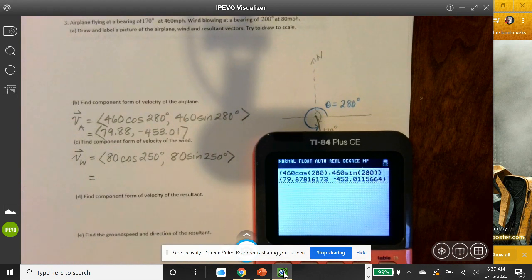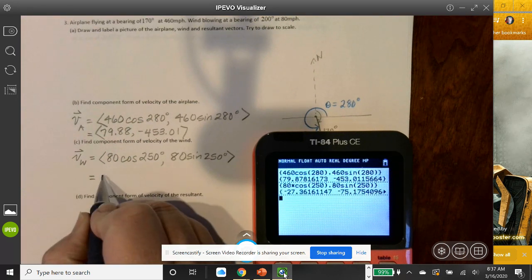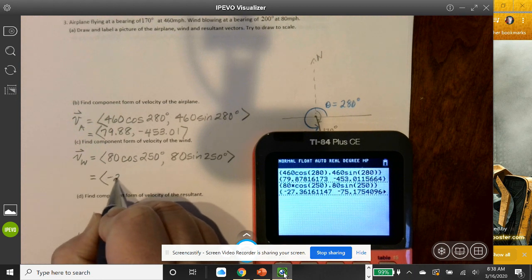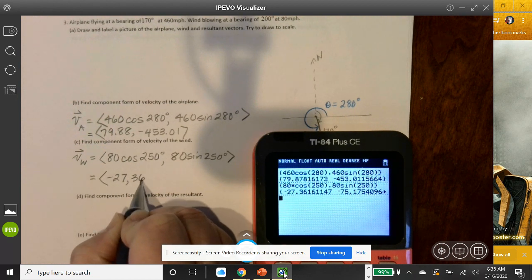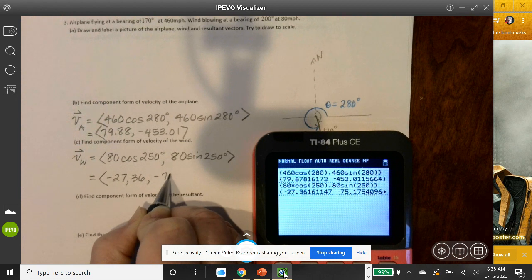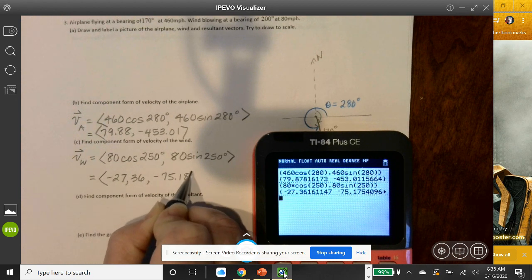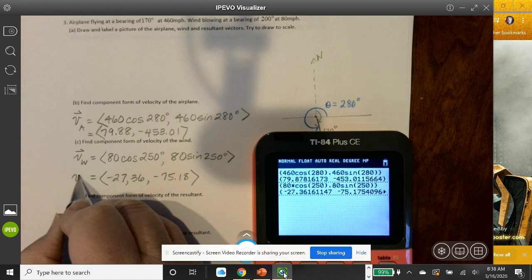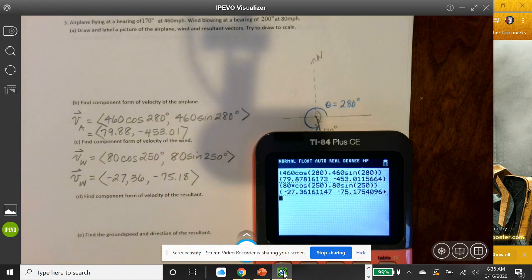Second curly brace, 80 times the cosine of 250, comma, 80 times the sine of 250, close second curly brace. And I press enter, and there's our component form for the wind, which is negative 27.36, comma, negative 75.18. So that's the velocity of the wind.